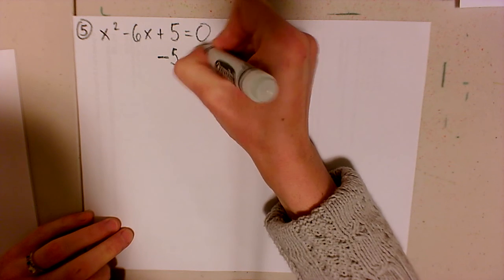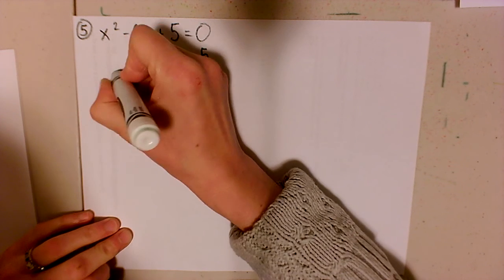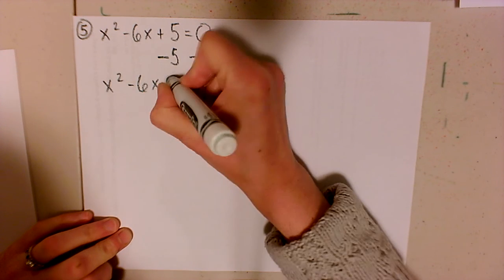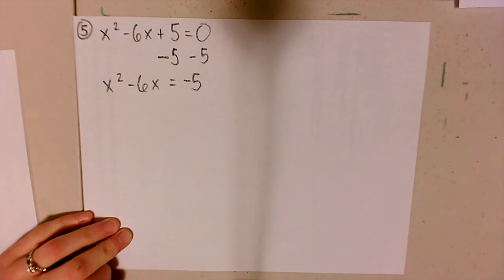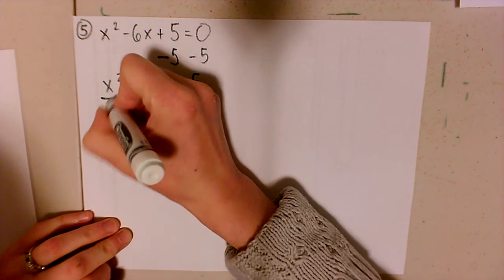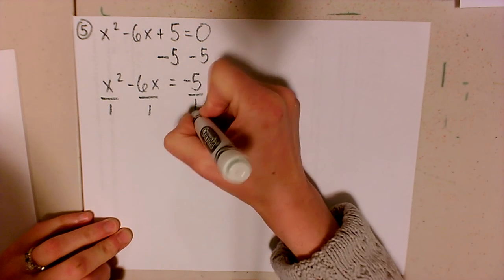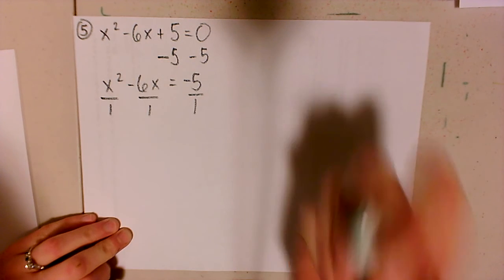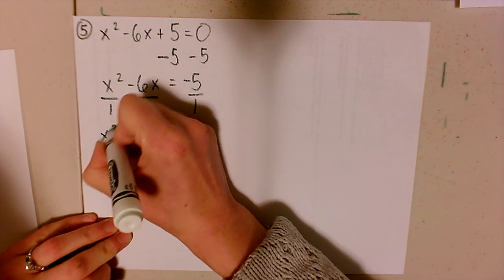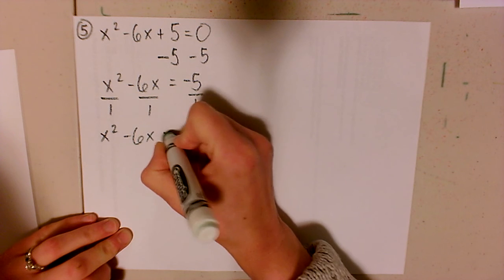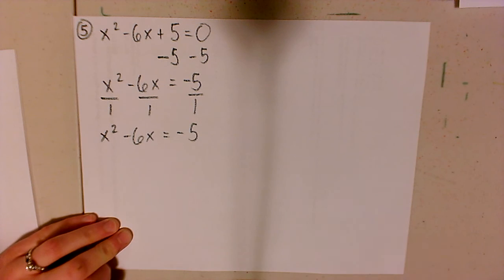Okay? So first up, we take our c term and move that to the other side. So subtract 5, subtract 5. So I have x squared minus 6x is -5. Now we'll divide by our a term of 1. So divide everything by 1. And so, dividing by 1 doesn't change anything. So we have x squared minus 6x is -5.